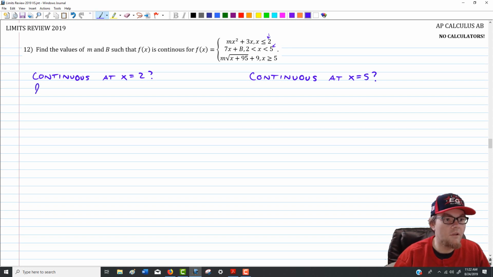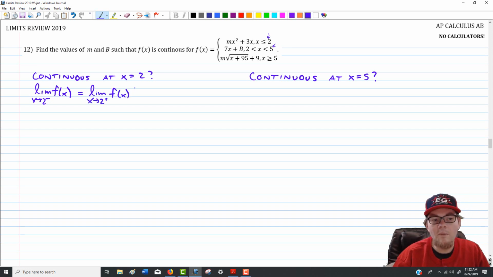So looking at our ingredients here, we're going to do the limit as x approaches 2 from the left side of f of x, and we want that to be equal to the limit as x approaches 2 from the right side of f of x. But we're not sure for the moment, so I'm going to put a little question mark there. Now, we're plugging in 2 on both sides, so I can plug it into both expressions.